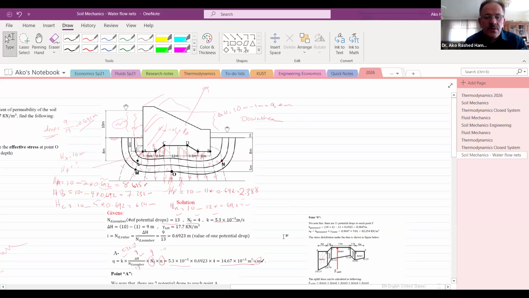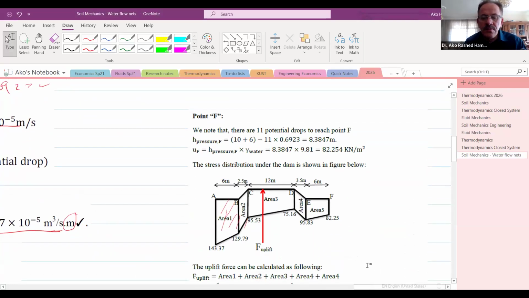We need to know at each of those points the pressure, and then calculate the forces.